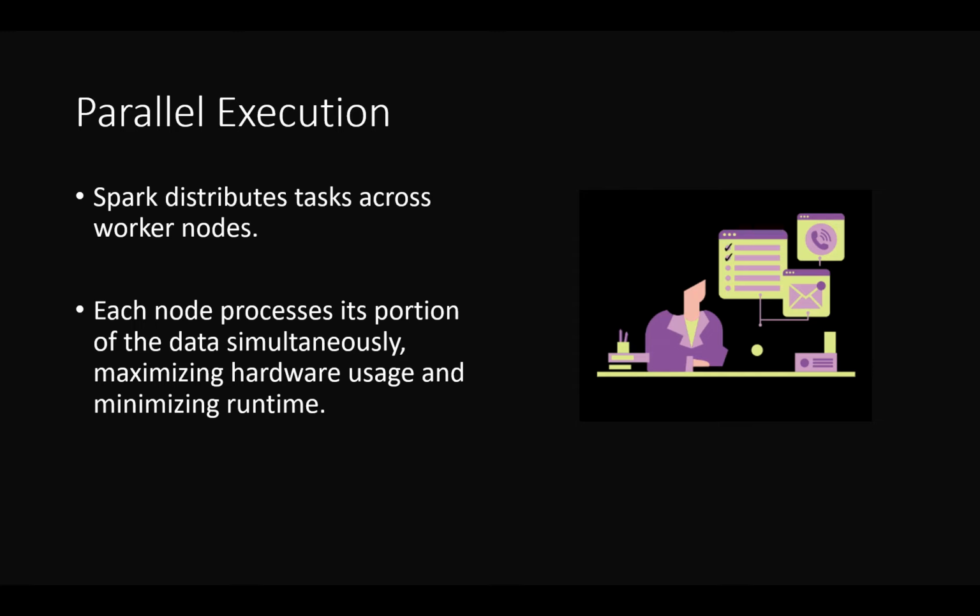Each node is processing a portion of the data. So let's say there is a big data set, it is chunked into multiple smaller partitions and spread across multiple worker nodes and tasks. That is why the tasks can run in parallel, and it is very quick and performance efficient.